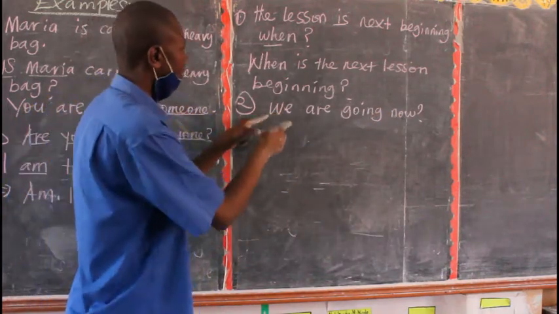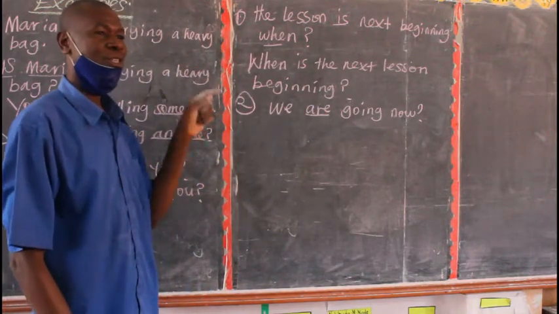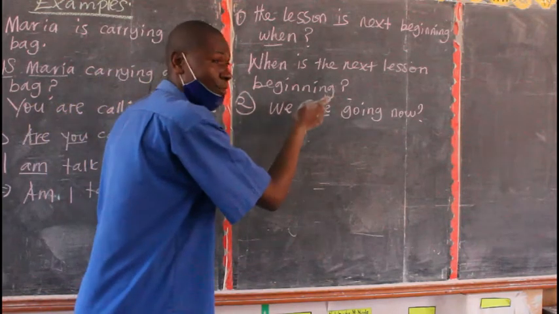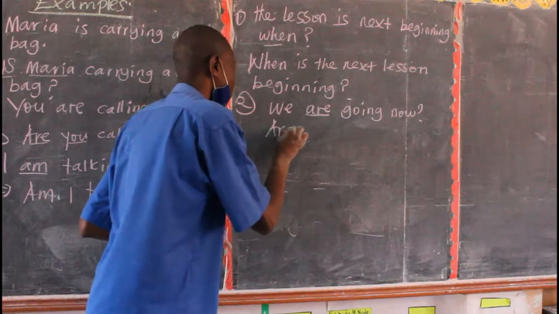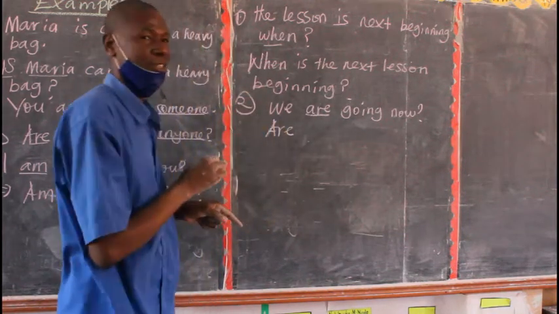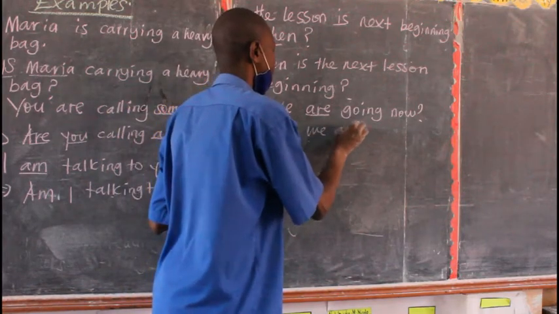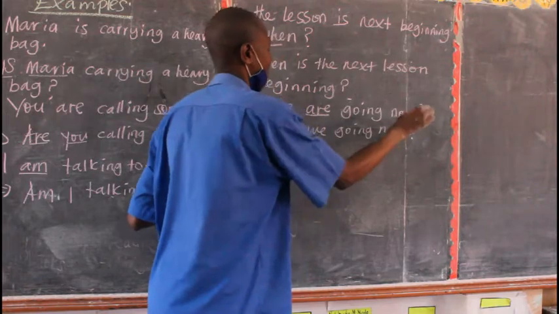In this one here, you have seen only the helping verb. It is not carrying any interrogative pronoun. So because it has only the helping verb, that means it is the helping verb which is going to be the first. So it is supposed to be, are we going now? Question.